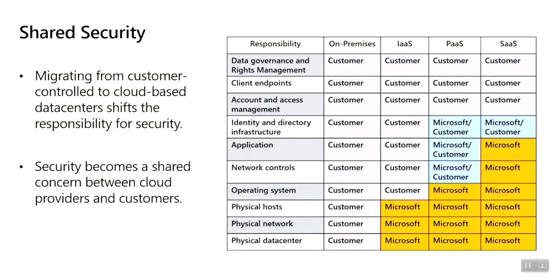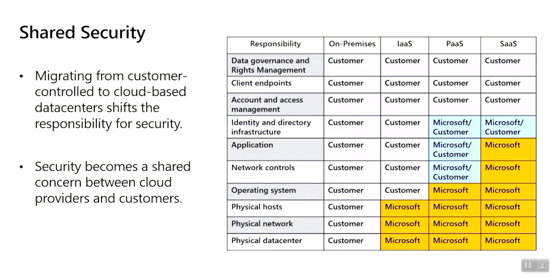And then finally, with software as a service, you're outsourcing almost everything. So here in this case, they're taking care of the security with the application, the network controls. But again, you have that shared responsibility with identity and directory infrastructure. But I want you to look closely at this graph. No matter the cloud deployment type, you always own your data and your identities. And you're responsible for helping secure those data and identities.